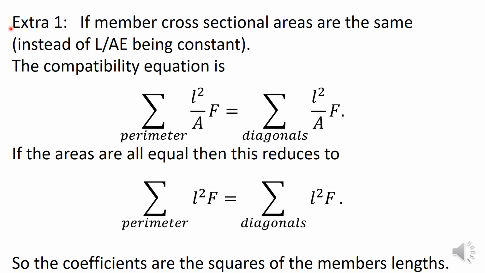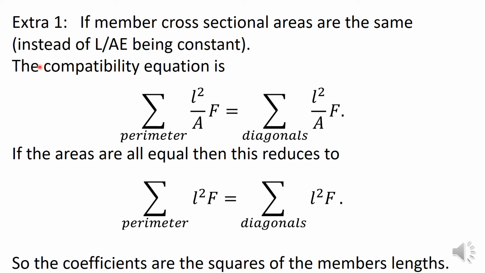So extra 1, this is the first extra. Now, the assumption we made initially was that you had a constant L over AE, but suppose we instead had the member cross-sectional areas being the same. All of the members have the same cross-sectional area. How would that change the analysis?